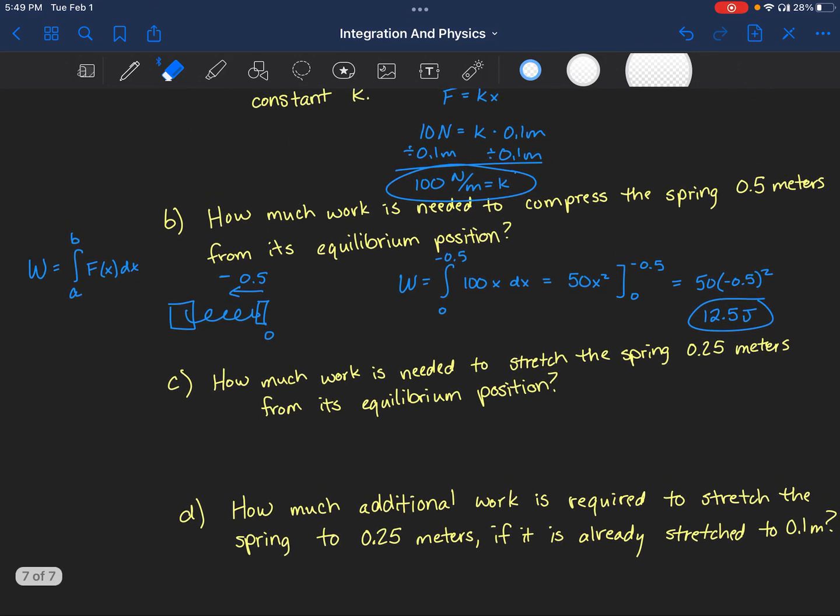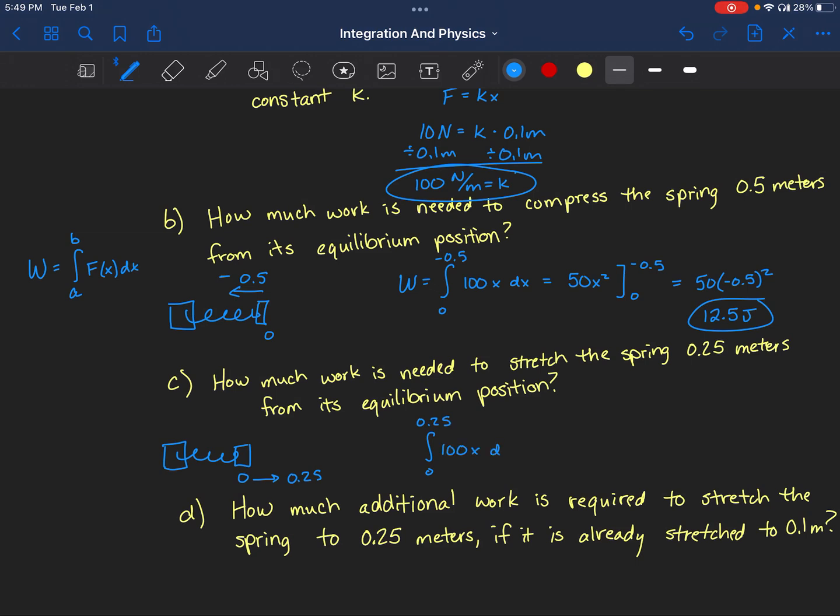Two more problems. How much work is needed to stretch the spring to 0.25 meters from its equilibrium position? So again, if I imagine this spring starting out in its equilibrium position at 0, I want to stretch it out 0.25 meters. So it's going to start at 0, end at 0.25. Still keep that force 100x dx.